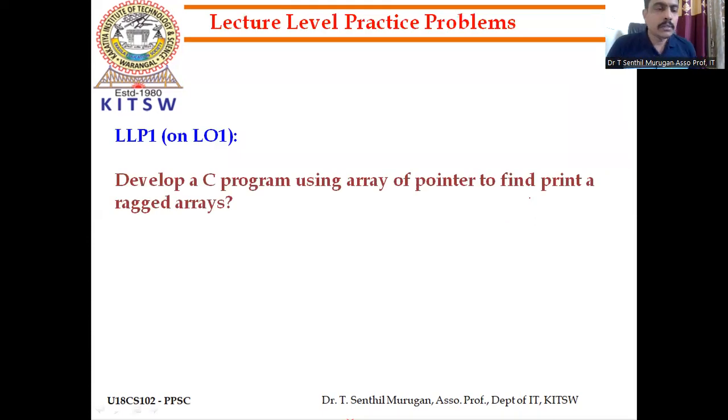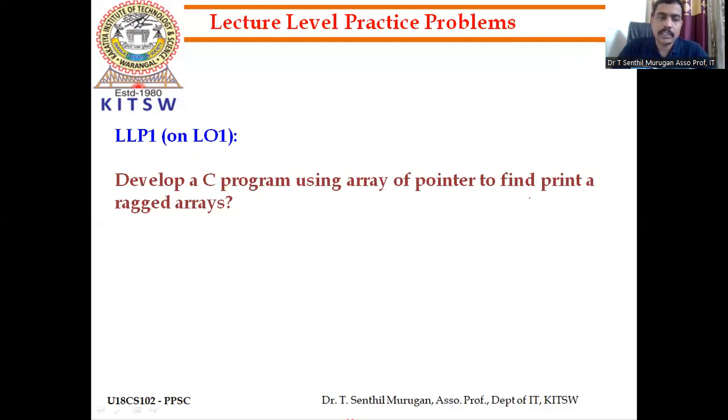So now you just try this program based on the input of this lecture. You just develop a C program using an array of pointers to print a ragged array. Whatever value is stored in the ragged array, you can print it with the use of an array of pointers.